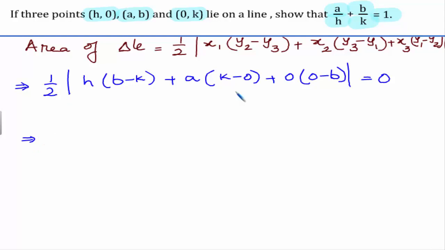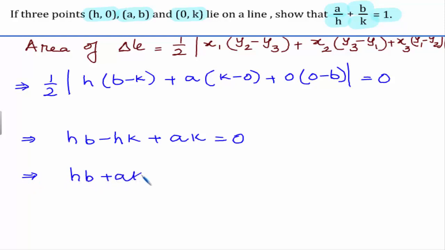Now if we send half to the other side, it becomes 0. Now let us open this. hb minus hk plus this is ak, and this whole thing is 0 anyhow, which is equal to 0. So this is hb plus ak is equal to hk.